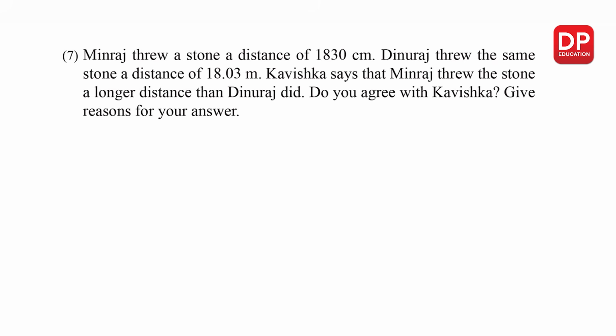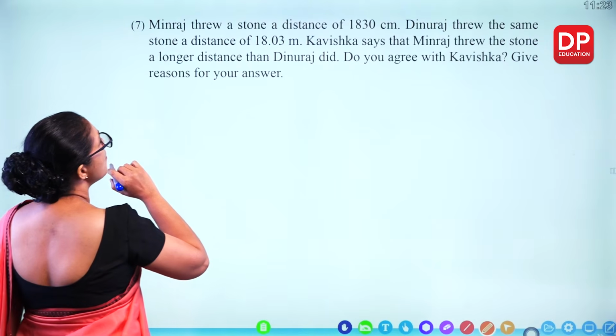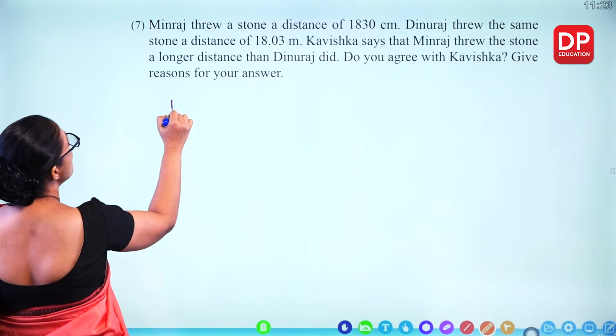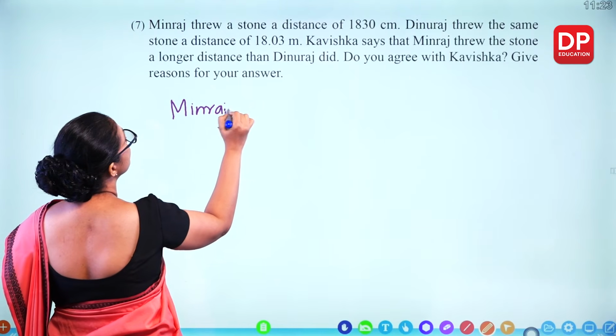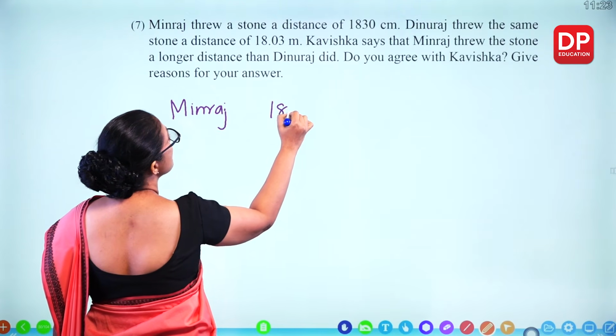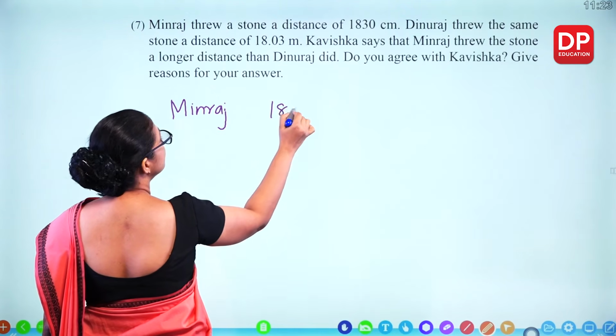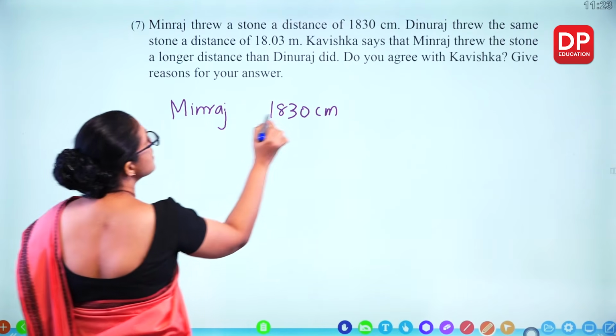Minraj threw a stone a distance of 1830 centimeters. Dinuraj threw the same stone a distance of 18.03. So we'll write down Minraj 1830 centimeters.